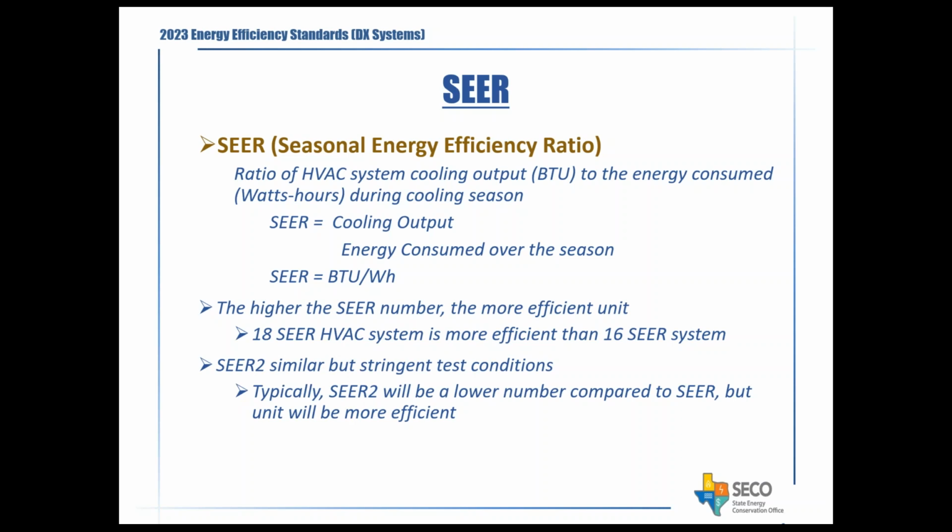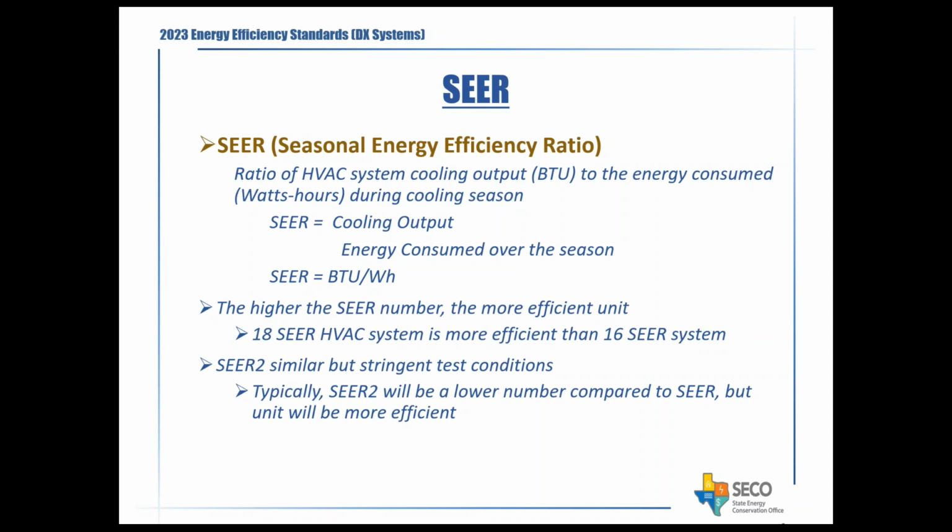So SEER, seasonal energy efficiency ratio, is the ratio of HVAC system cooling output to energy consumed in watt hours during the cooling season. So SEER is cooling output divided by energy consumed over the season, and typically it's in BTUs per watt hour.